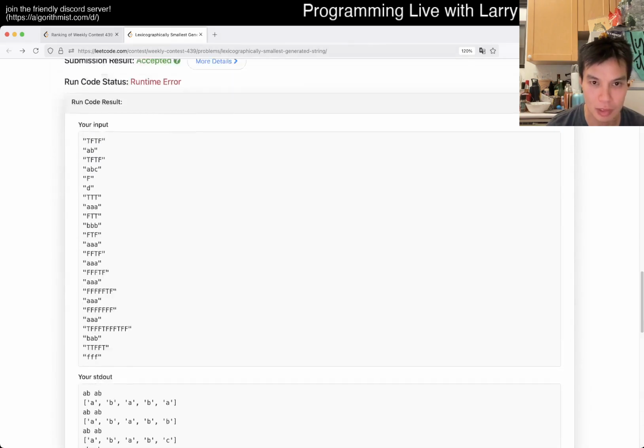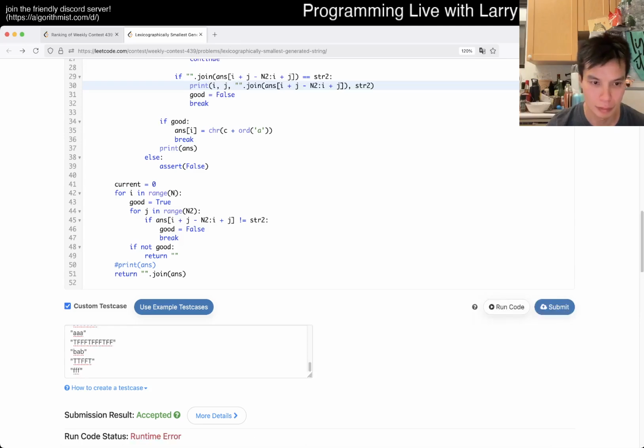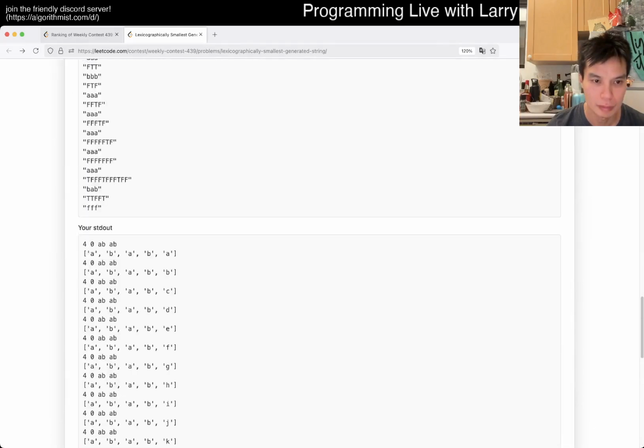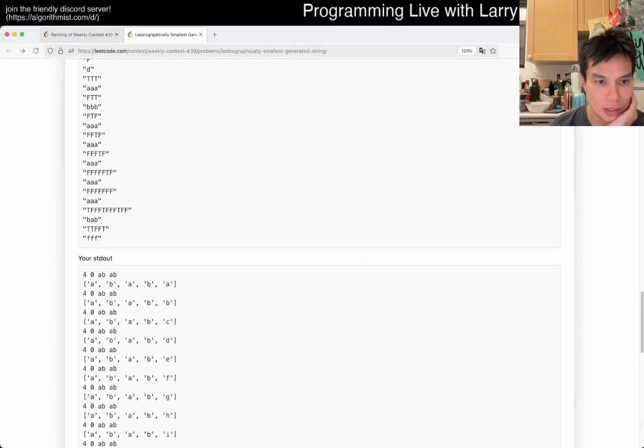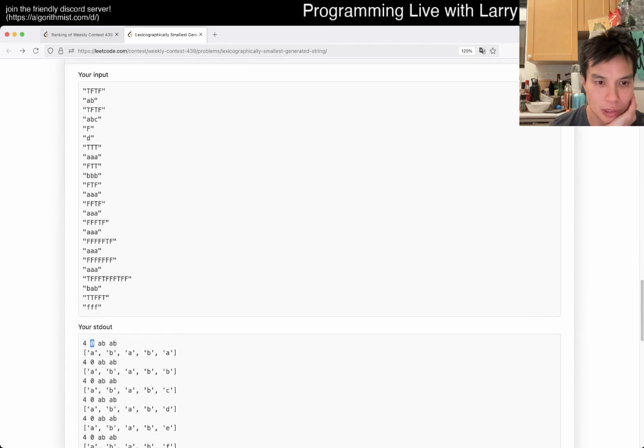Oh, there's a lot of things wrong. i plus j is the last character, right? i is 4, j is 0. So to the last character, we have, where do you get a, b from?